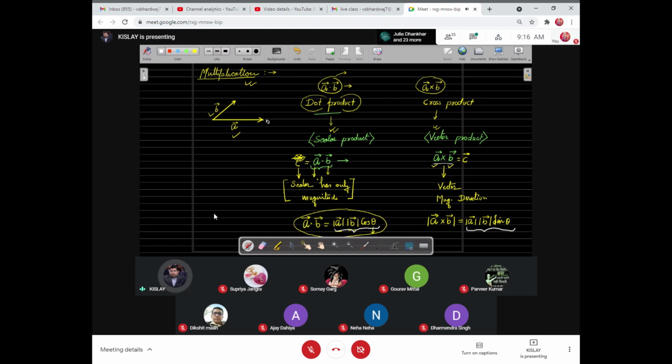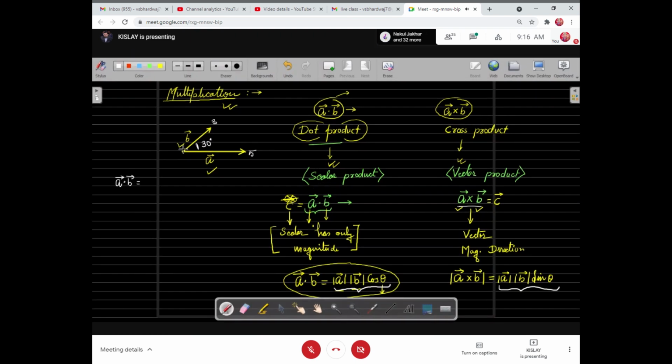For example, here A and B are two vectors. Suppose A has magnitude 5 and B has magnitude 3, and the angle between the vectors is 30 degrees. If someone wants to find A dot B, then it is magnitude of vector A, magnitude of vector B, and cos of angle between the vectors, that is 30 degrees.